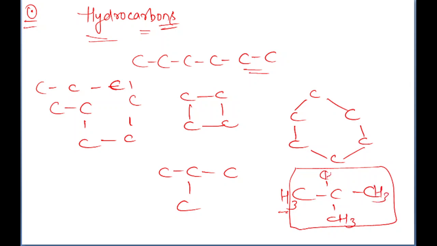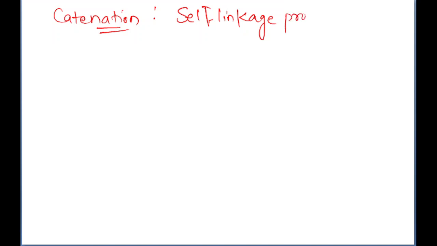Okay, so why are there so many compounds of carbon? One reason is the property of catenation. What is catenation? Catenation is nothing but the self-linking property of any element.